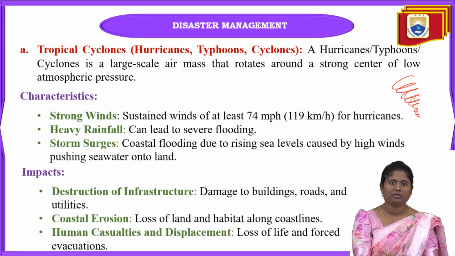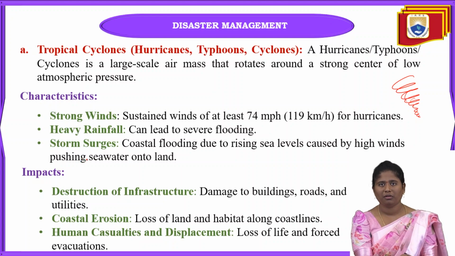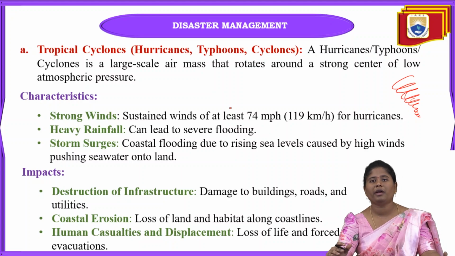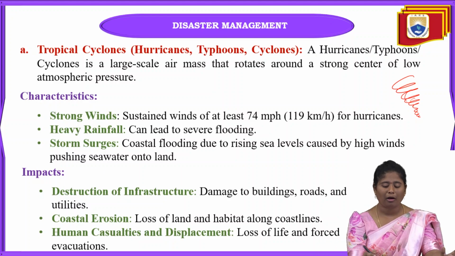The main characteristics of tropical cyclones are strong winds, heavy rainfall, and also storm surges. Due to these strong winds, cyclones are formed, because of these sustained winds.